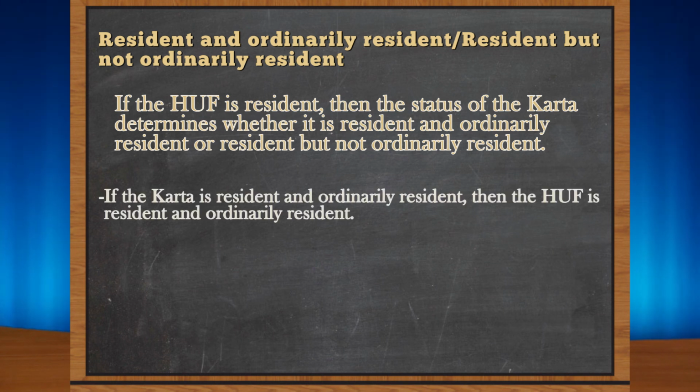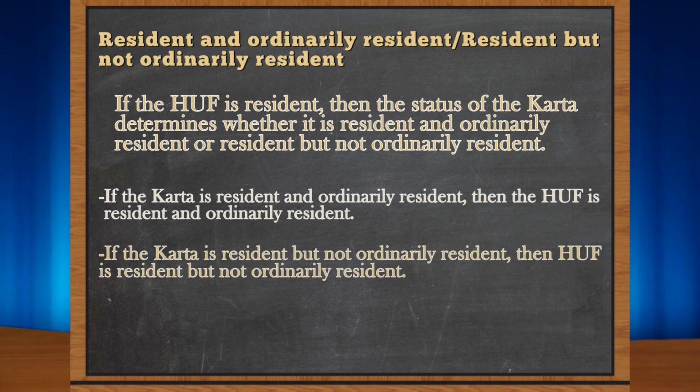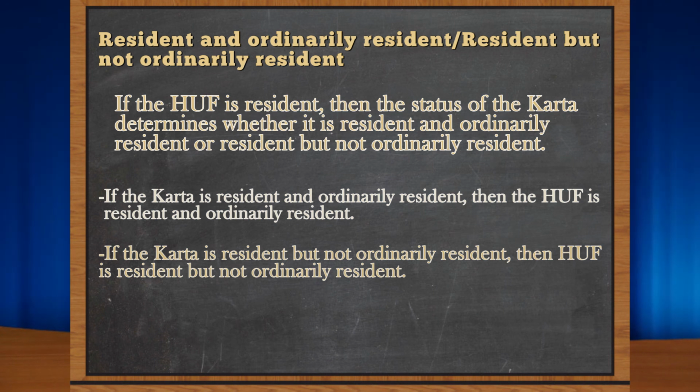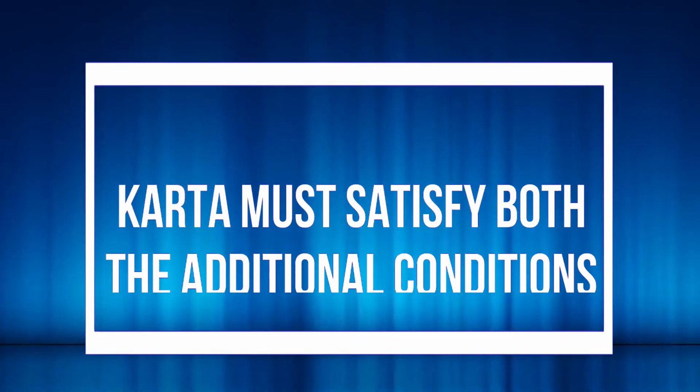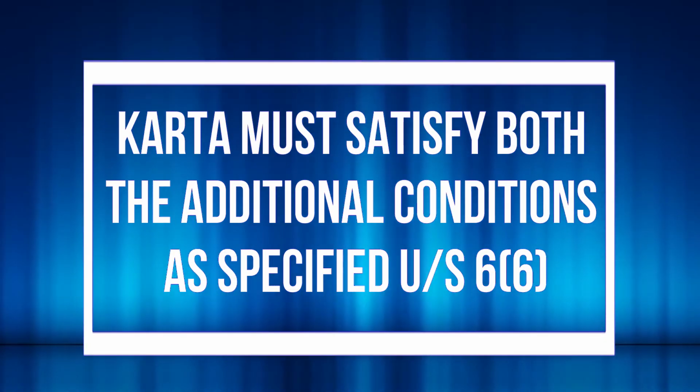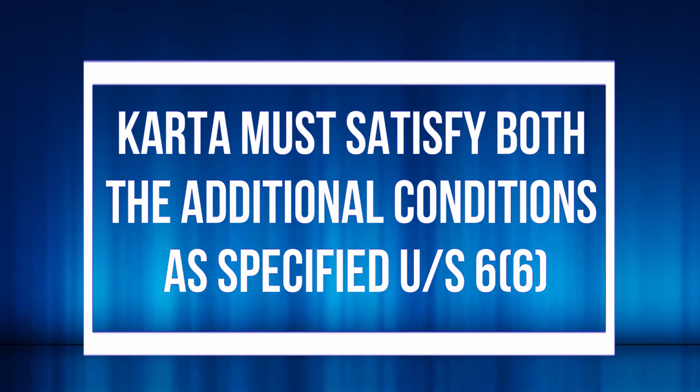If the Karta is resident and ordinary resident, then the HUF is resident and ordinary resident. If the Karta is resident but not ordinary resident, then the HUF is resident but not ordinarily resident in India. The Karta must satisfy both the additional conditions as specified under section 6 for resident and ordinary resident.